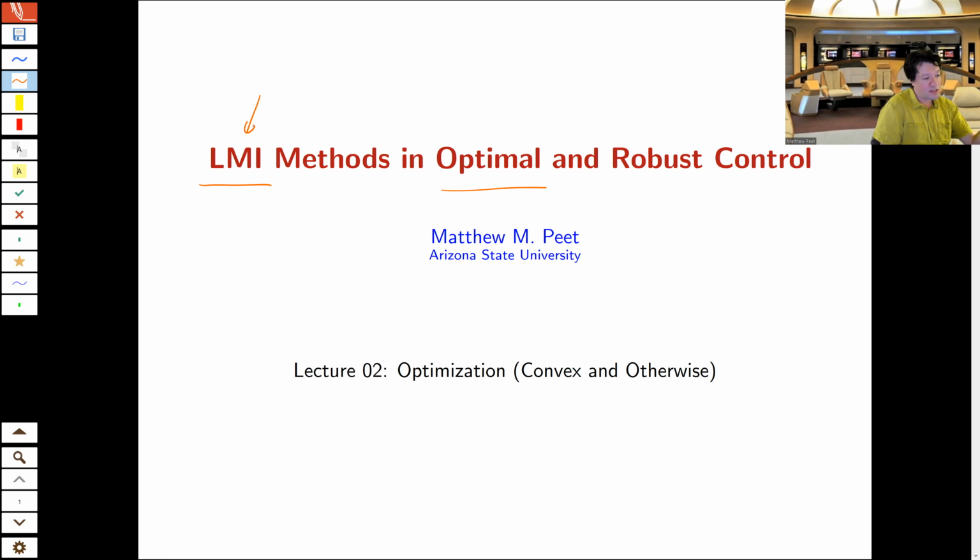And then nowadays, the tool of choice is real optimization algorithms, so linear programming, semi-definite programming, and so forth. So obviously, there's lots of reasons we need to cover optimization, and so that's what we're going to do today.